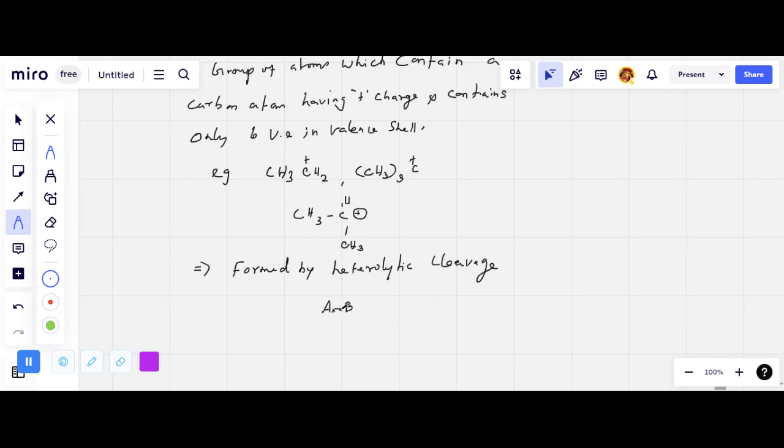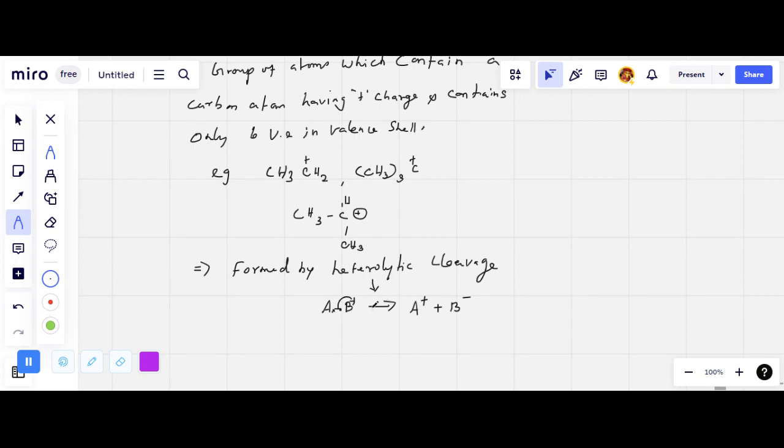If the breaking is in such a way that the two electrons go to one atom, that is heterolytic. These two electrons may go to B or to A. If they go to B, then A attains positive and B attains negative. So this is heterolytic cleavage.